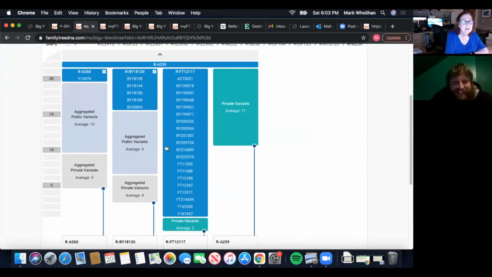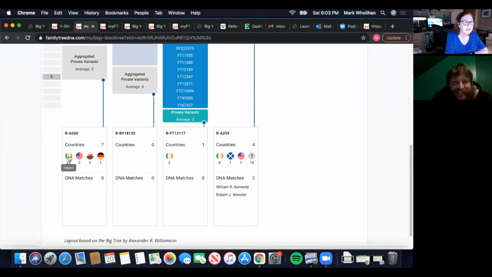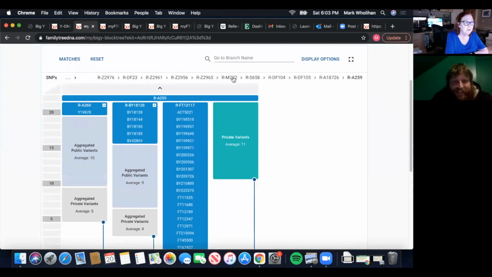When you get into the cross-pollination between Scotland and Northern Ireland, it really muddies the water. Yeah, with the Ulster plantation people who were brought over in the 1600s, when they moved the Irish out. So you've got some typical Irish markers here, R-DF23 and RM222.